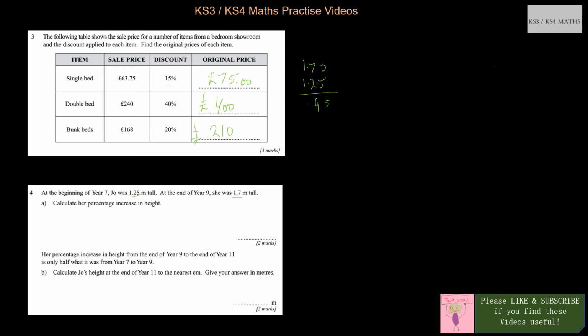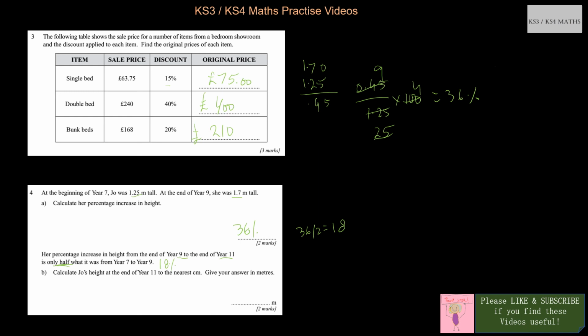So my percentage would be 0.45 divided by 1.25 times 100, which equals 36%. So the percentage change would be 36%. And then it says from year 9 to year 11 it was only half. So 36 divided by 2 is 18, so it is 18%.